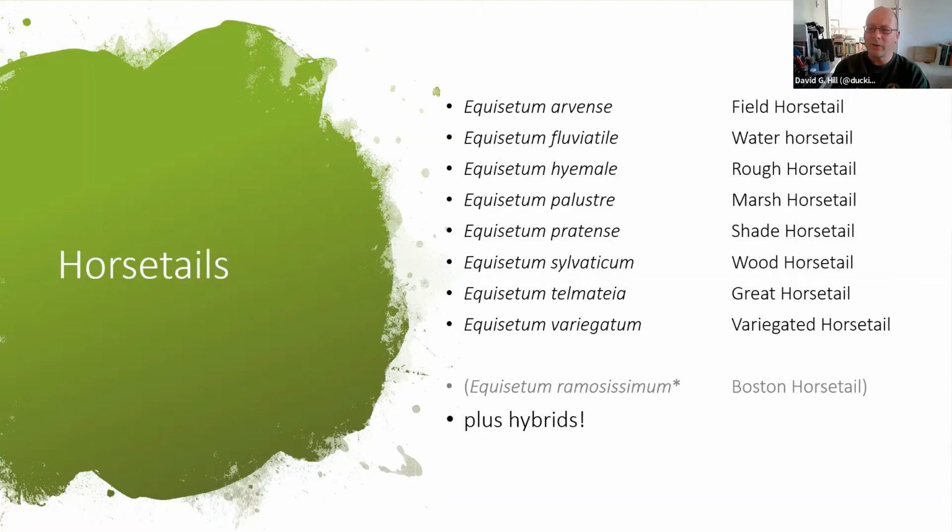And we have a good range within the UK, 25 species worldwide, but most people only know the one, which is the field horsetail, Equisetum arvense, which is, if you like, the problem horsetail. The rest of them are not really problems.